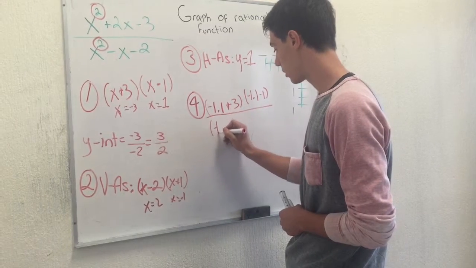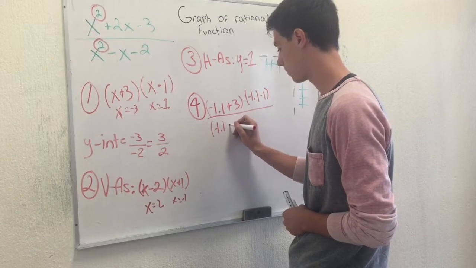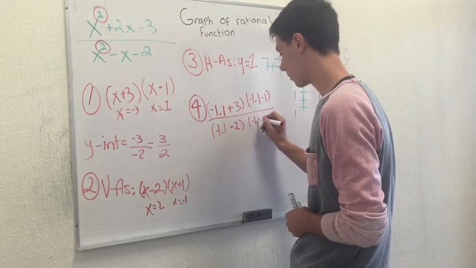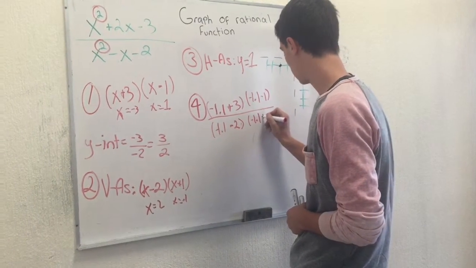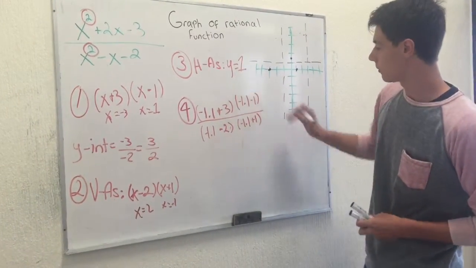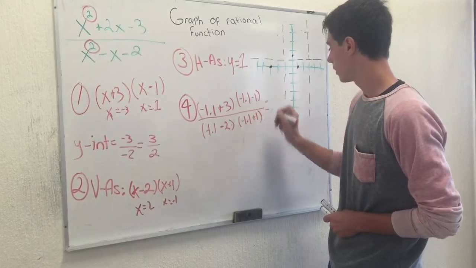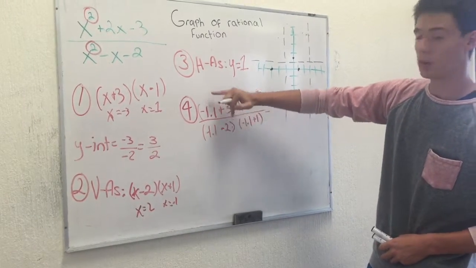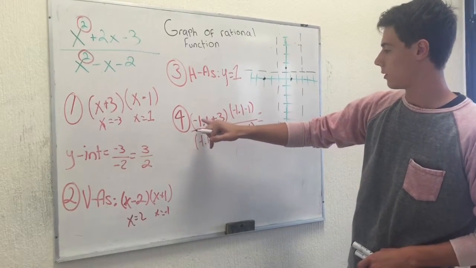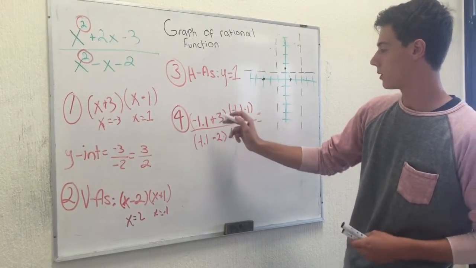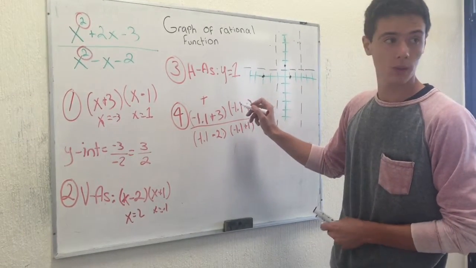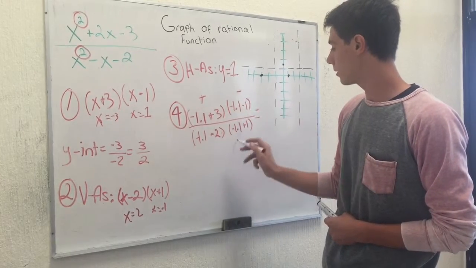It's -1.1 minus 2 and -1.1 plus 1. So once we got this, all we need to know is if each number is going to be positive or negative. -1.1 plus 3 is going to be a positive number. -1.1 minus 1 is going to be a negative number.